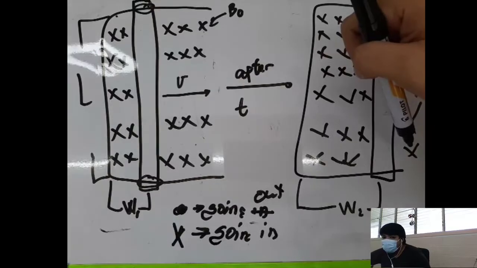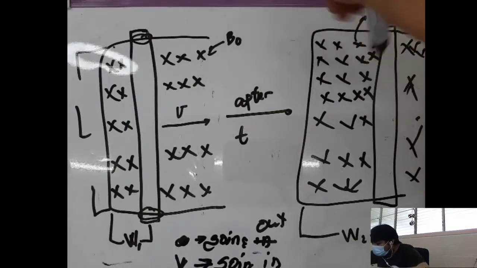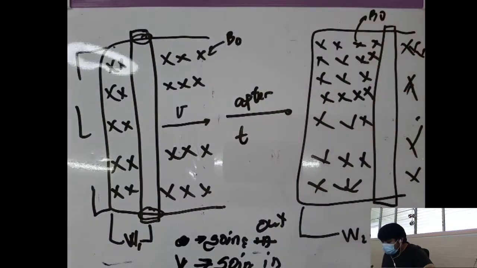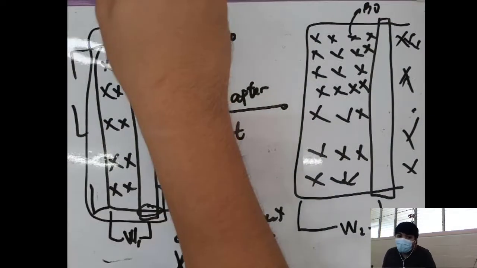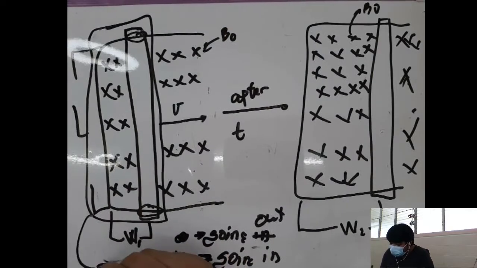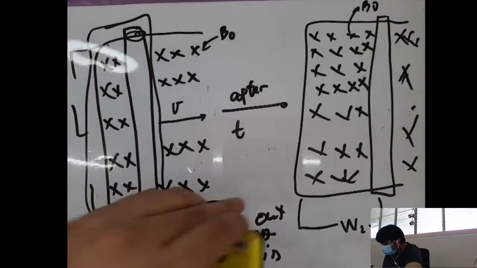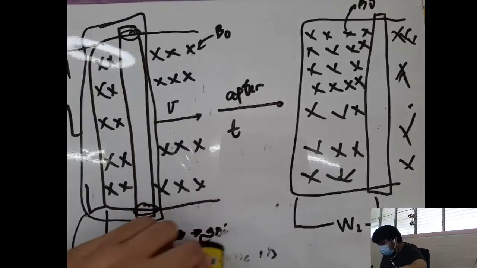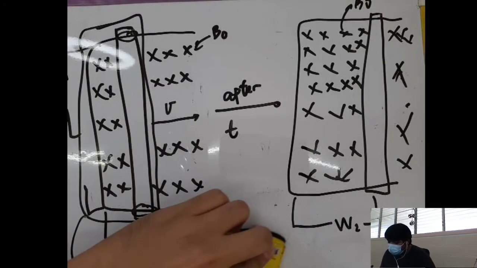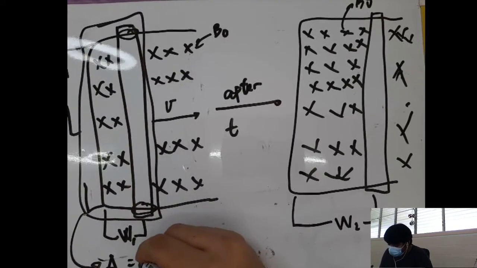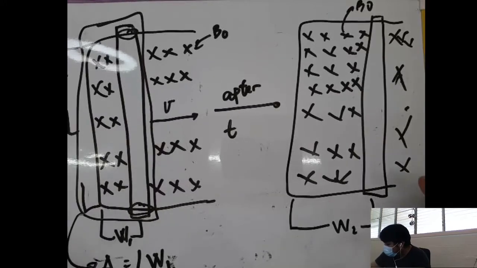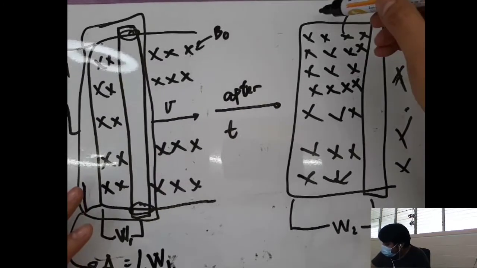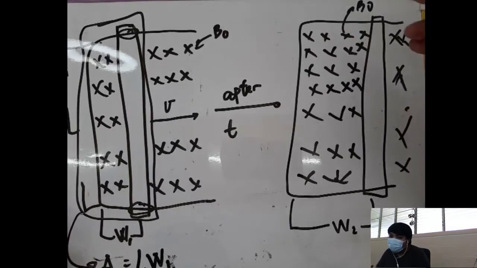So it will increase over a time t, now at a distance W2. Now remember that this is an area, right? The area for this one is equal to LW1, the area of a rectangle. The same goes here.